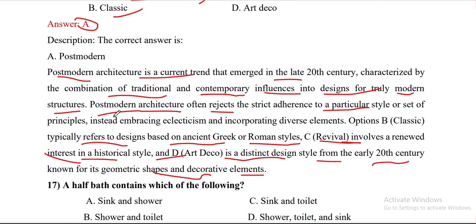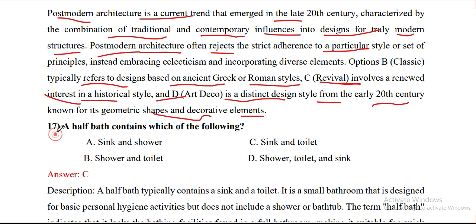Next question. Question 17. A half bath contains which of the following? There are different sections of buildings or design.